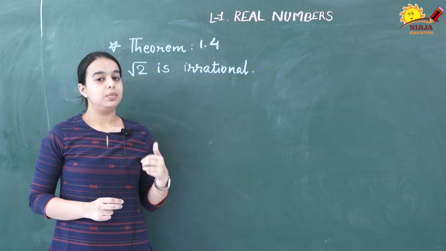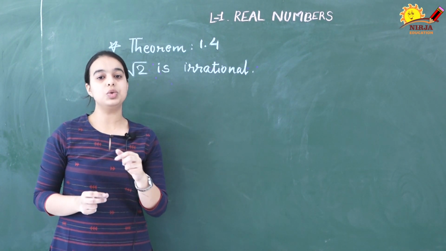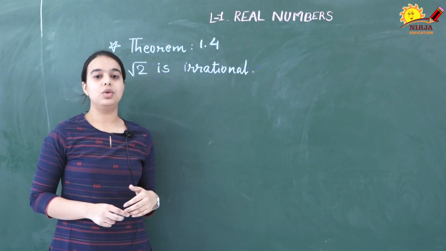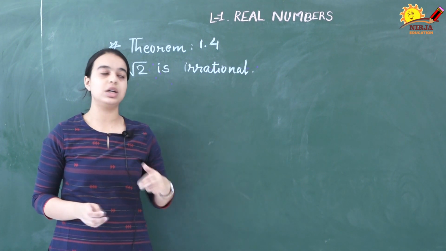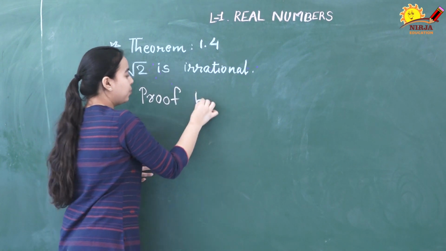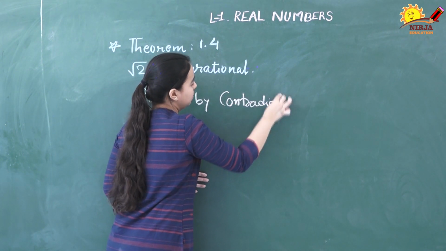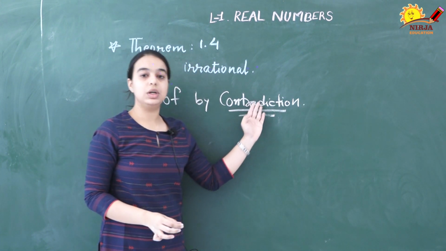But before going to prove, I would like to introduce you to a new term. While proving this under root 2 is irrational, we are going to use a proof by contradiction. Now, what do you mean by the word contradiction?